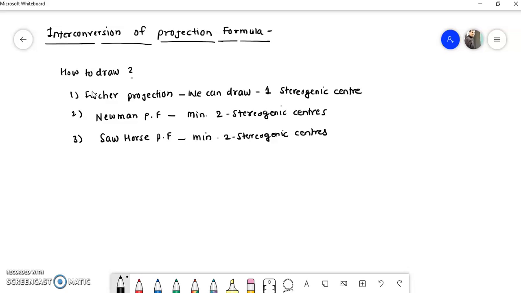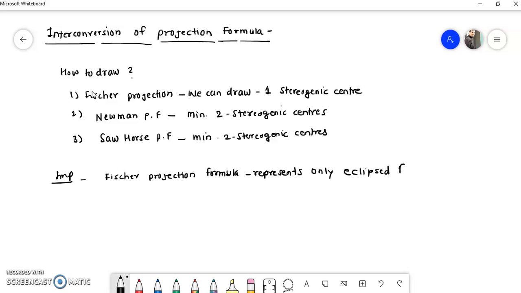Another important thing is that the Fischer projection formula represents only the eclipsed form of the molecule. This is a very important sentence you should remember: Fischer projection formula represents only eclipsed form of molecule.